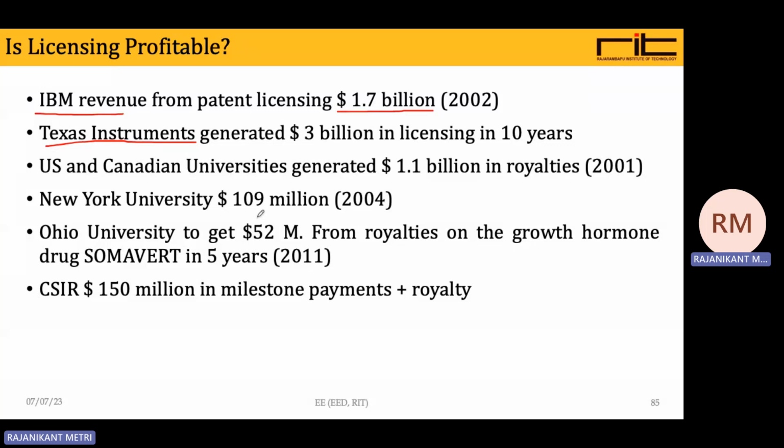Ohio University was to get $52 million from royalties on a growth hormone drug. Then CSIR gets almost $150 million as royalty. So you can see from this the importance and significance of licensing, and you can conclude whether licensing is profitable or not.